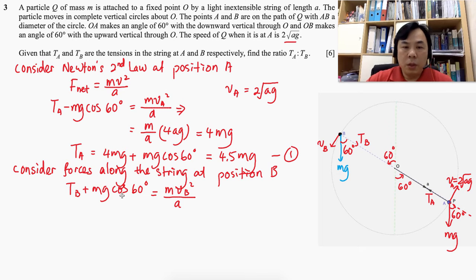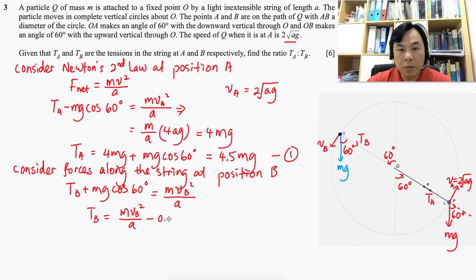Okay, now at this point, all we can write is that TB is the same as m vB squared over A minus mg cosine 60, and cosine 60 is a half, as I mentioned before, so 0.5 mg.